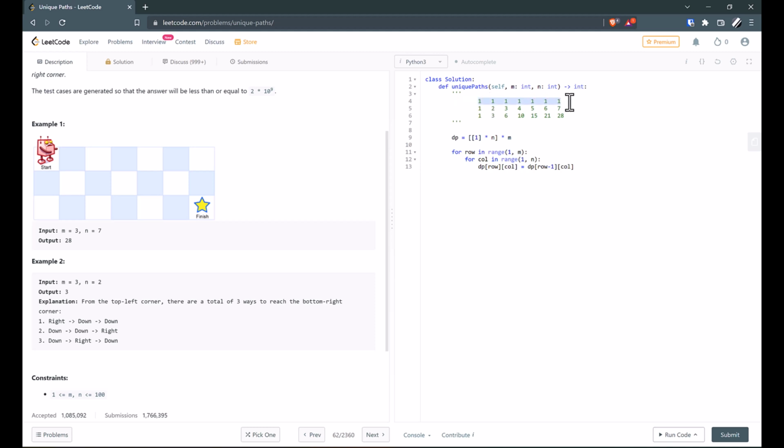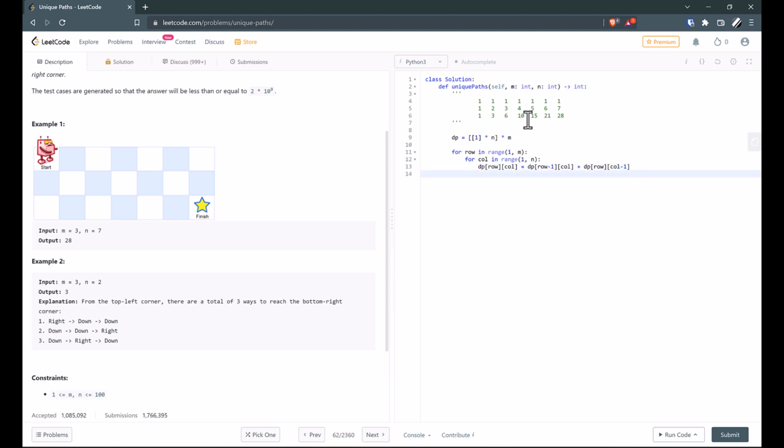When we are calculating for the second row, we are taking the value from the first row, same column, and we are also taking the value of the same row but previous column. So we are taking the sum of this and this, right? We have already considered this part. Let's consider this one, which is the same row, previous column: dp of row, column minus 1.